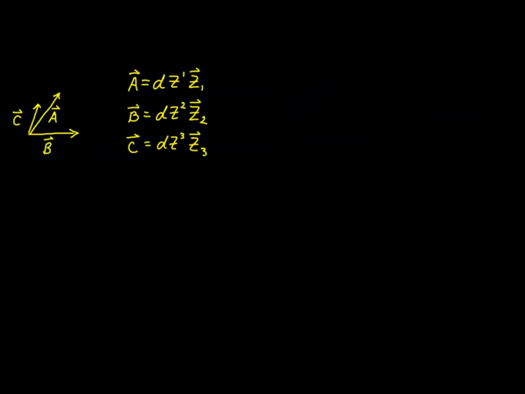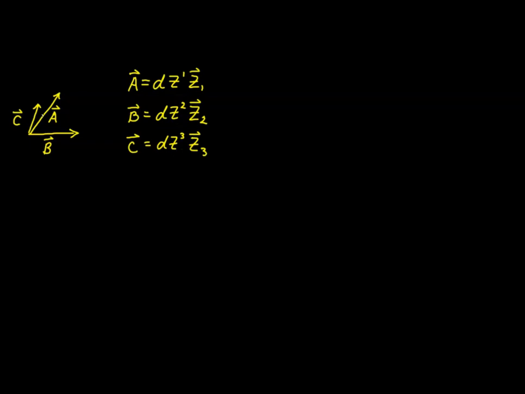Here I've defined three vectors. We've got vector A. It points in the direction of the z1 basis vector and has a vector component of dz1. And then vector B points in the direction of basis vector z2 with a component of dz2, and vector C points in the direction of basis vector z3 with a component of dz3.